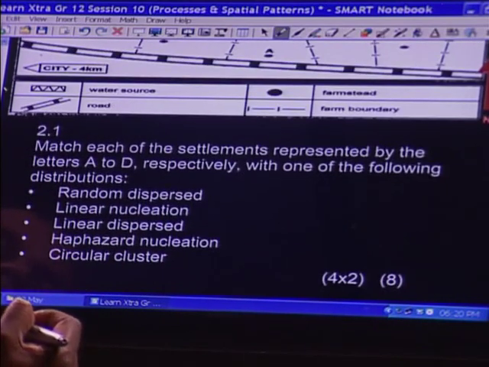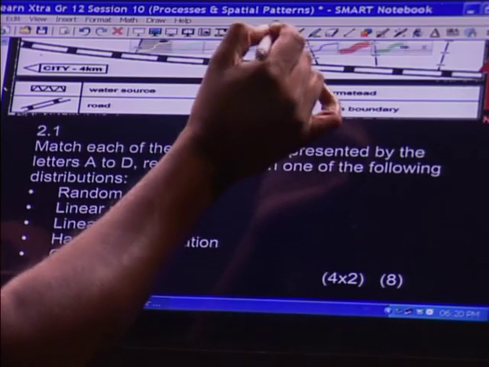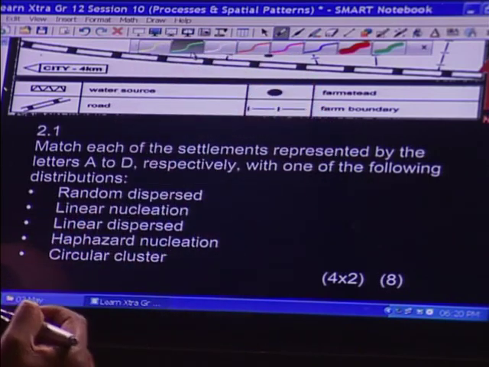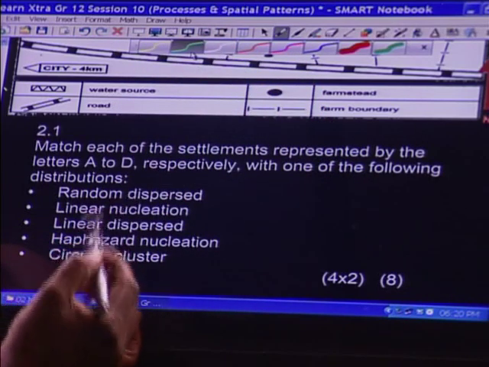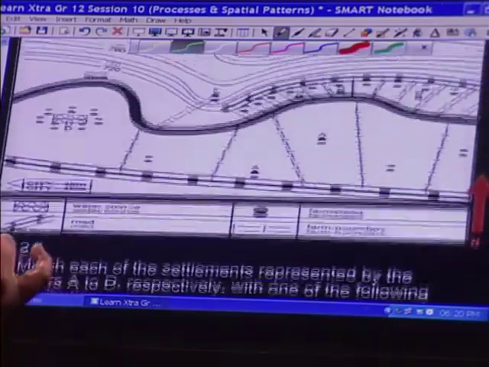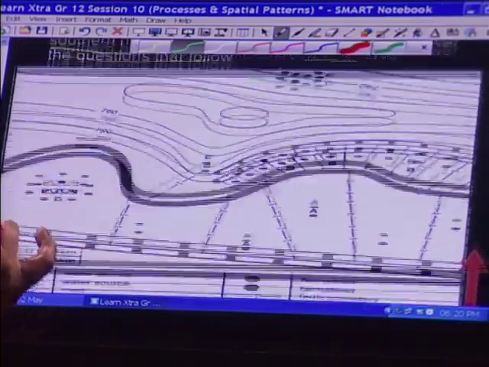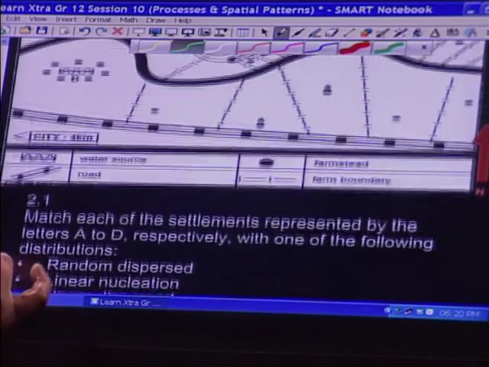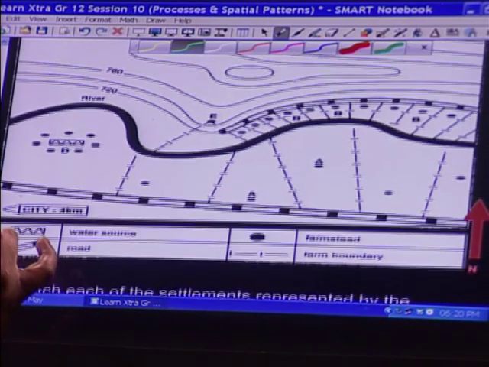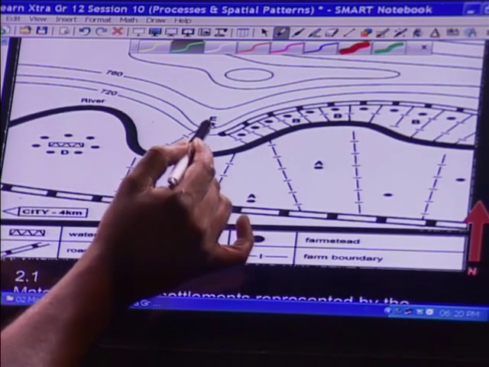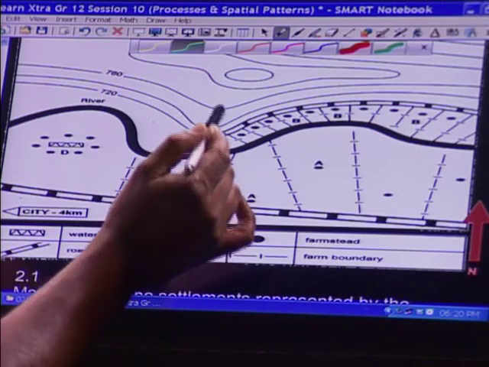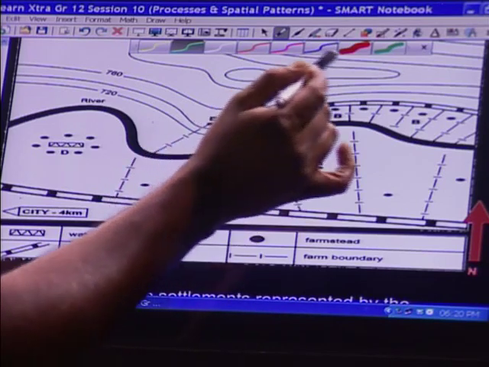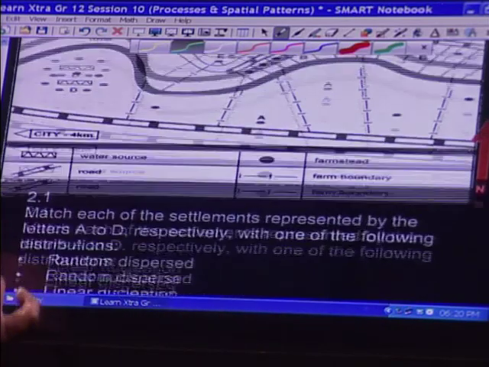Match each of the settlements represented by letters A to D, respectively, with one of the following distributions. The first one refers to a random dispersed settlement. That would be settlement E, because settlement E is a dispersed settlement from the rest of the settlements.